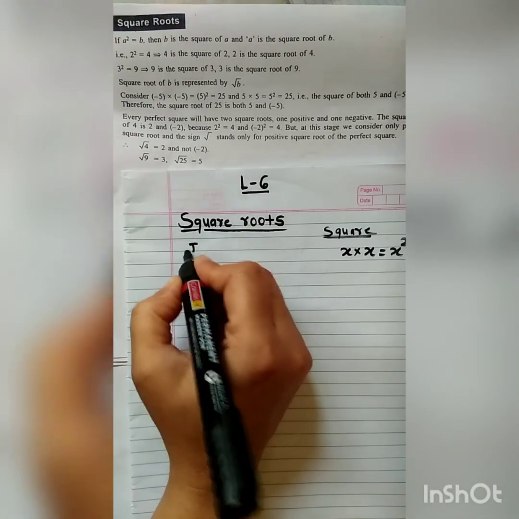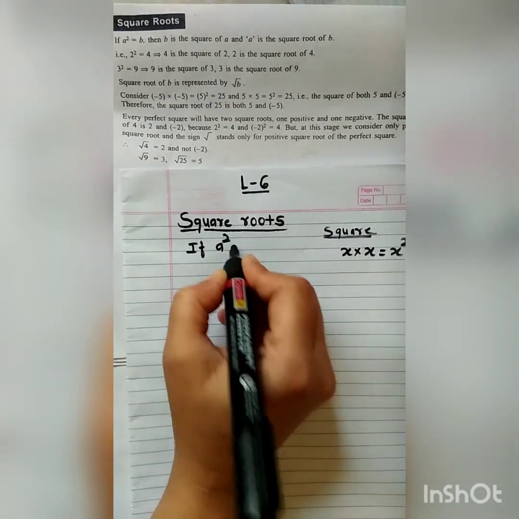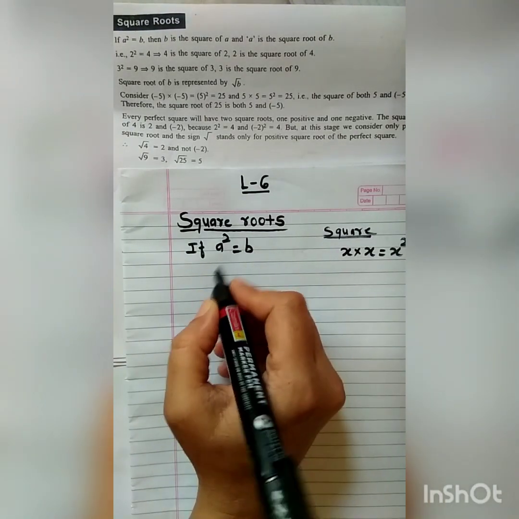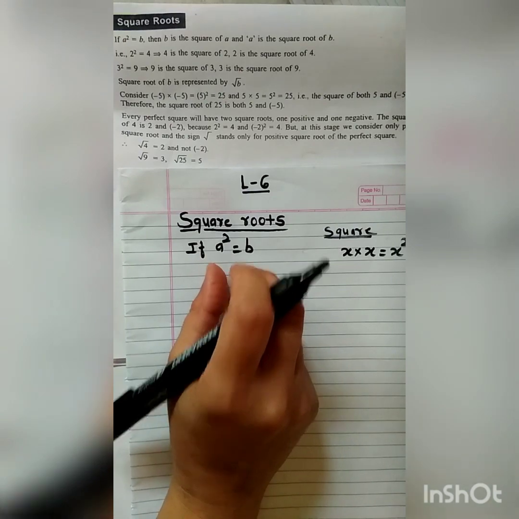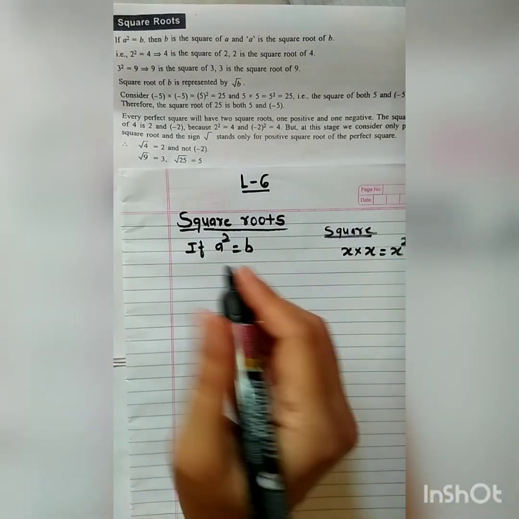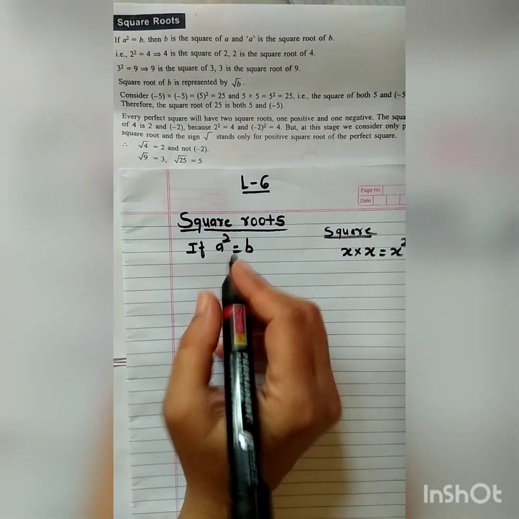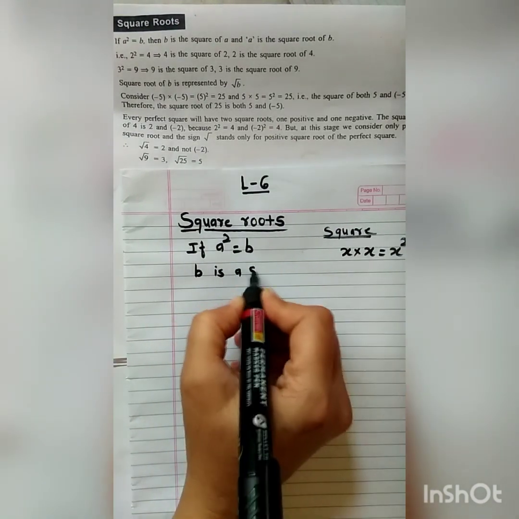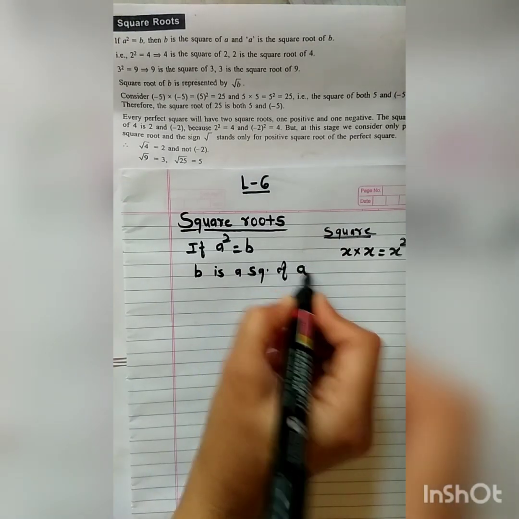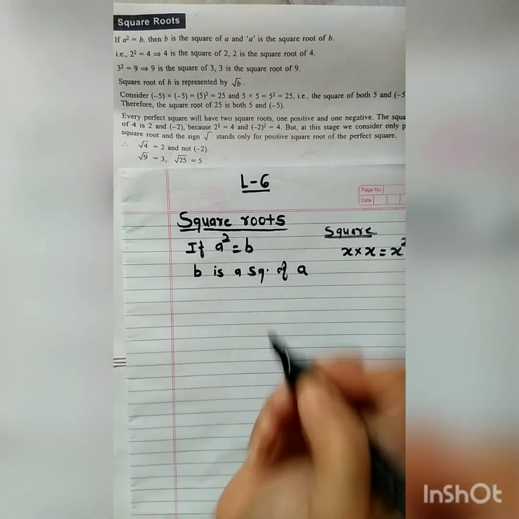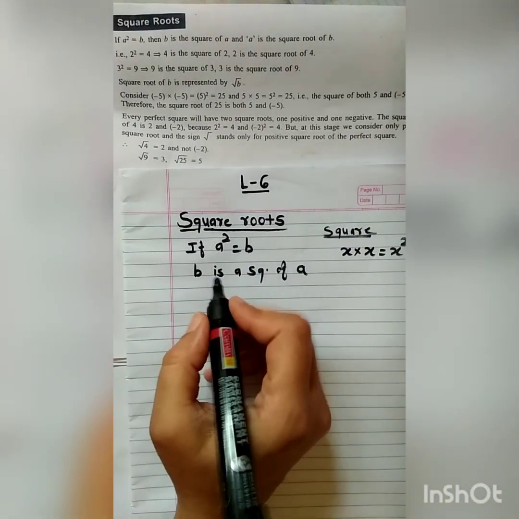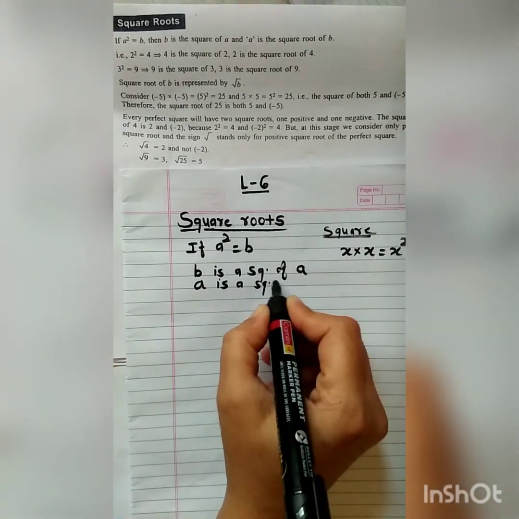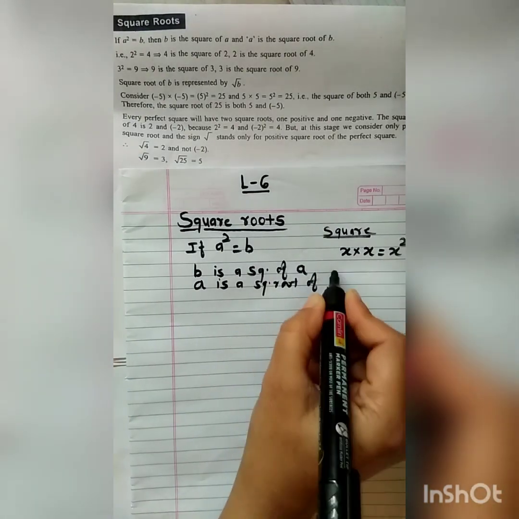Now suppose I am saying that a square is equal to b. This statement can be written in two ways. The first one, you can write that b is a square of a. Second one, you can write that a is a square root of b.